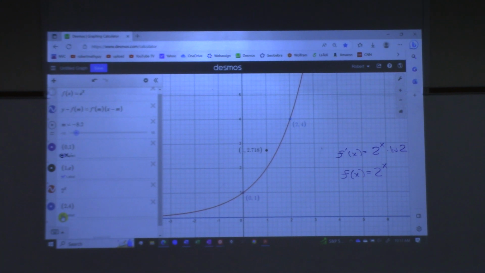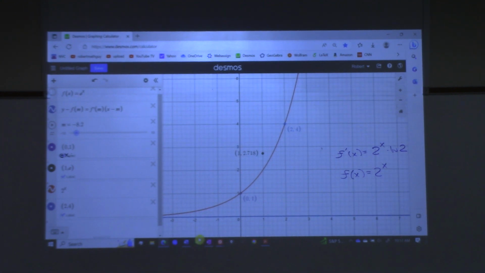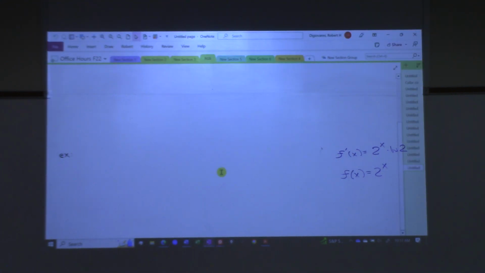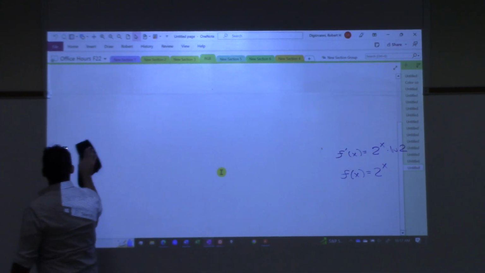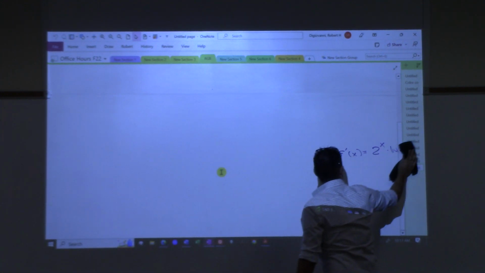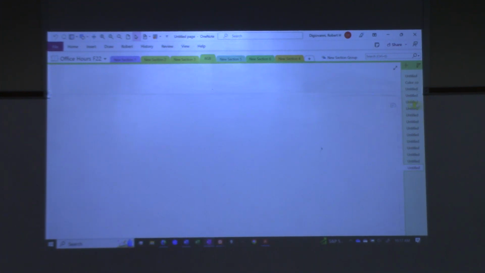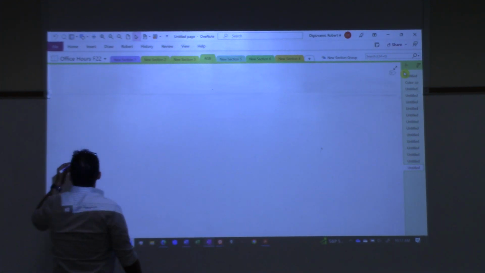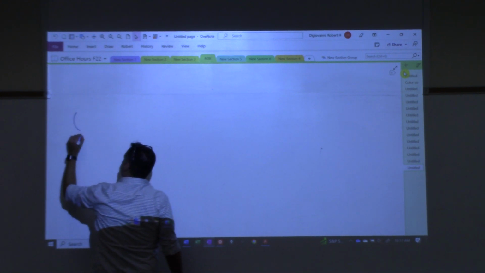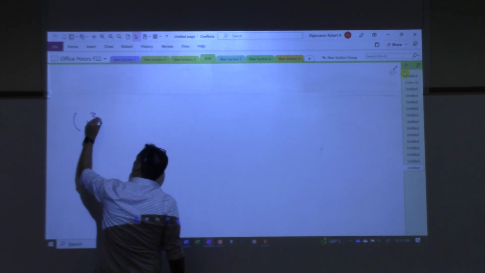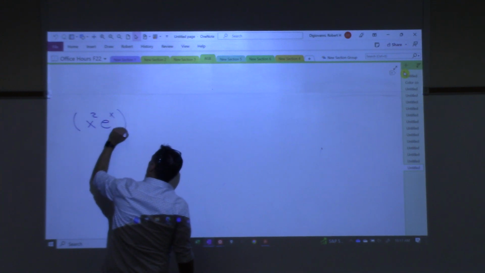So, okay. Want to do some more examples. How about this? Find the derivative of x squared e to the x.